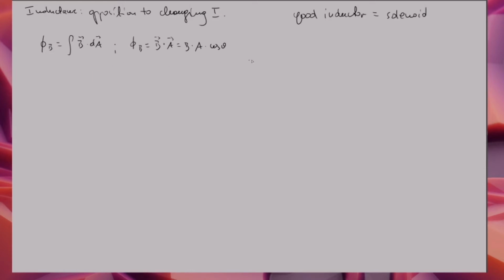And then note that all of the expressions we had for the magnetic field were in the following form: the magnetic field equals some kind of a constant times I. If it was the magnetic field set up by a straight wire, it was current I times a specific constant. If it was set up by a loop, it was current I times a different constant. If it was set up by a solenoid, it was current I times yet a different constant, but it was always really just current I times some constant.